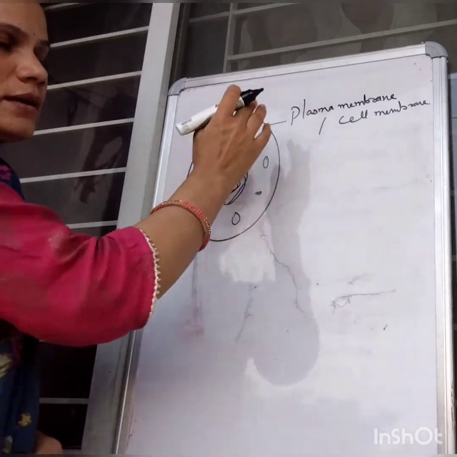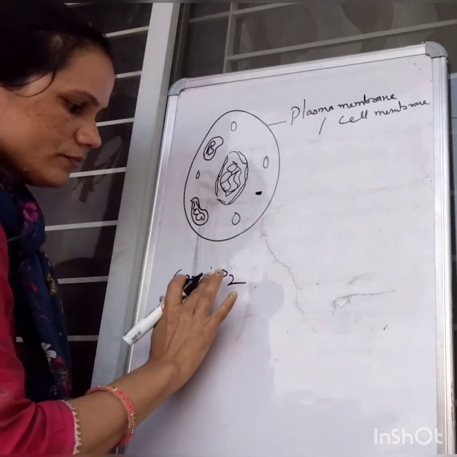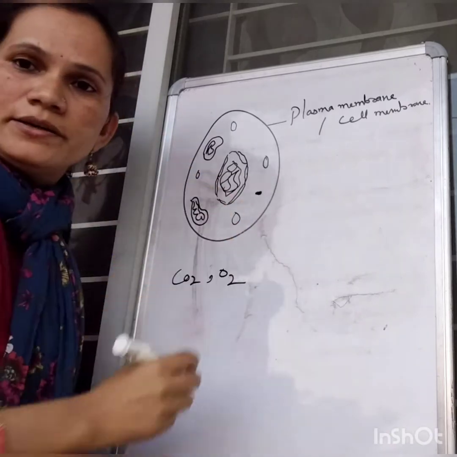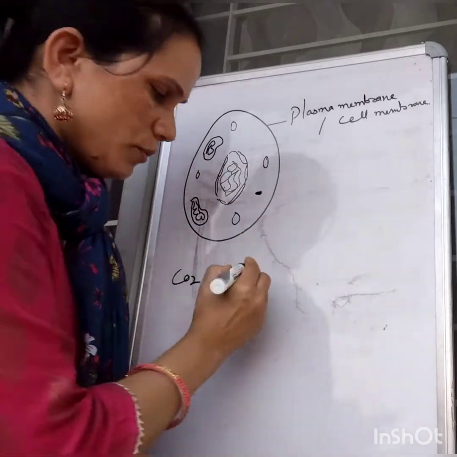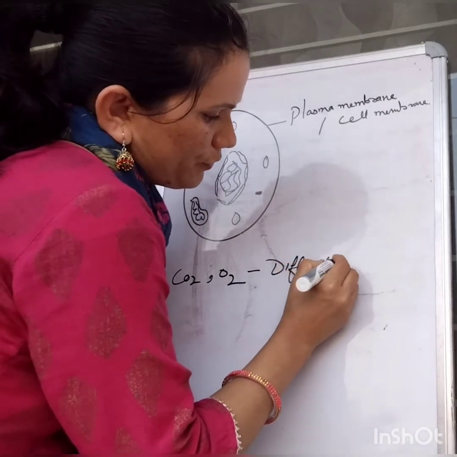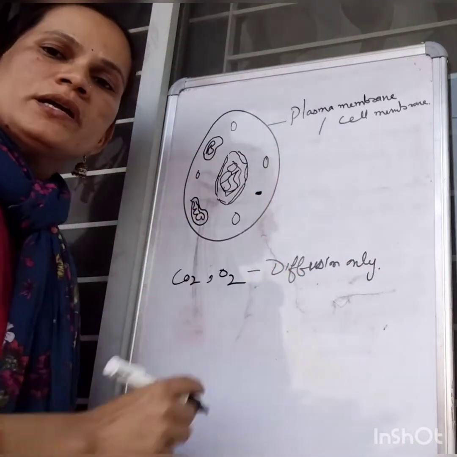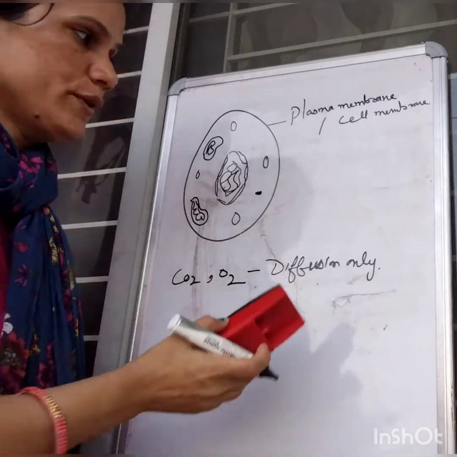Gases like carbon dioxide and oxygen come in and out of the cell through the process of diffusion only. Even water moves by the same process of diffusion.